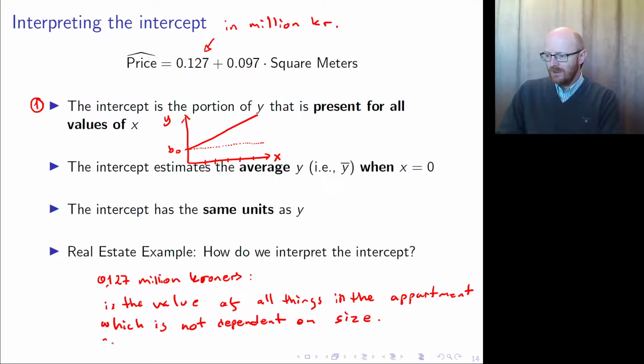And this could be, for example, the right to live, okay? Because everybody has to sleep somewhere, and an apartment is quite practical.